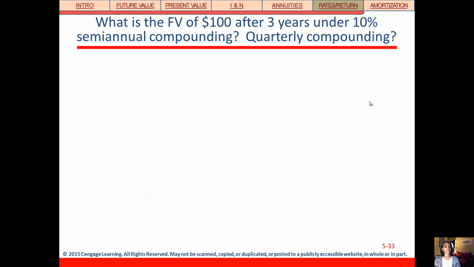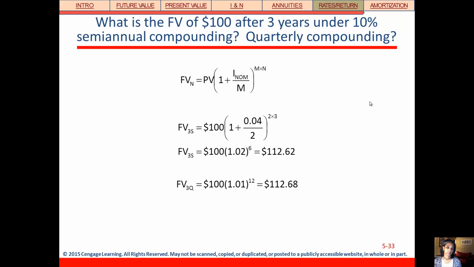So now let's take another example. What's the future value of $100 after 3 years under 10% semi-annual compounding or quarterly compounding? So here's a formula for future value taking into consideration the compounding frequency. So a compounding frequency other than 1.